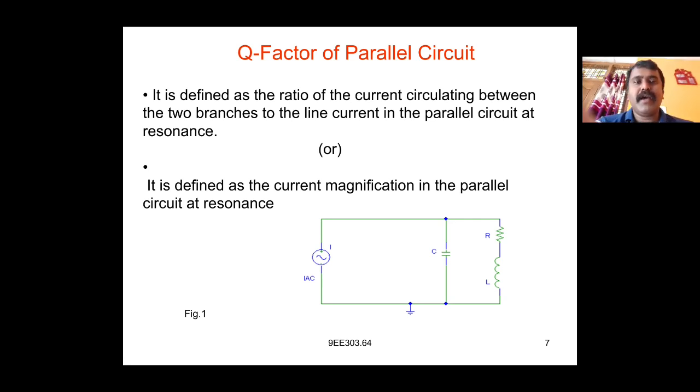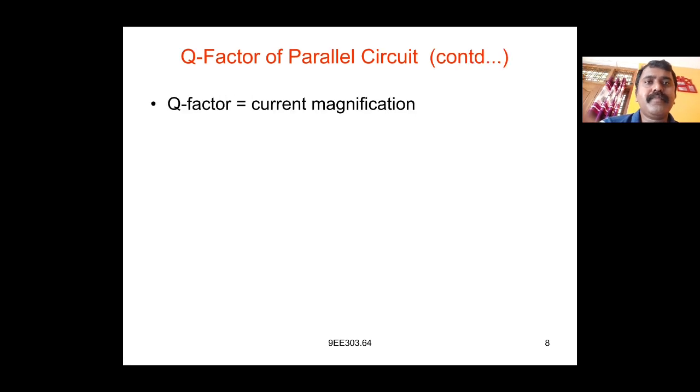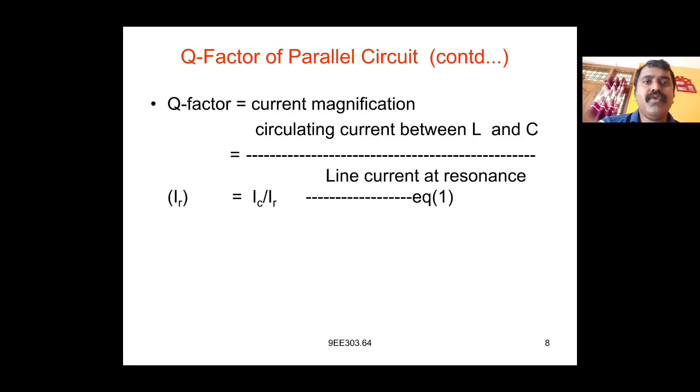Again we can write the current magnification, which is equal to IC by IR. So IC we can express as IC is equal to V by XC, where XC is equal to 1 by 2 pi FC.